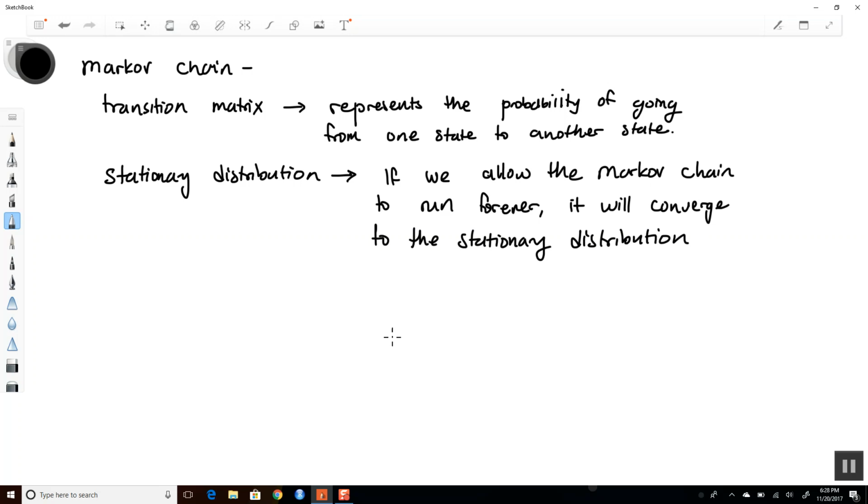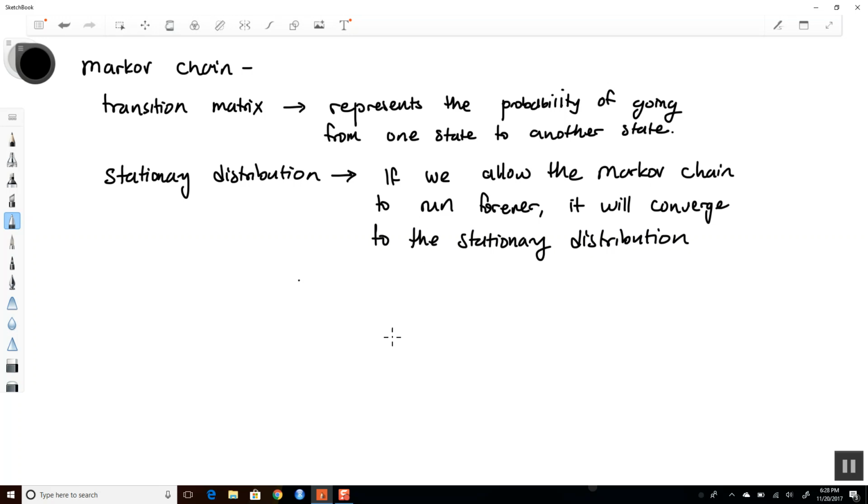And the stationary distribution is where, for each state, the probability of the state remains the same from one step to the next. The amount going into this state and the amount leaving the state is at equilibrium.